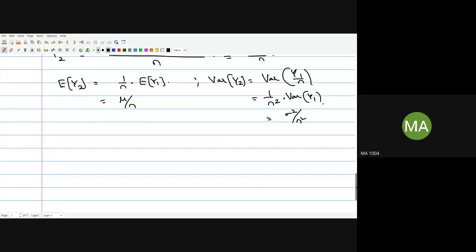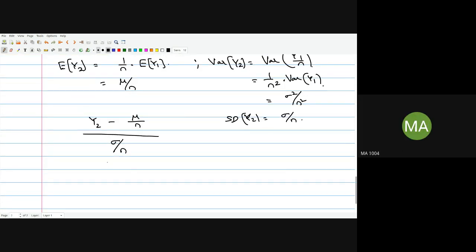If I compute the standard deviation of y2, it will be sigma by root n. So now root n times y2 minus mu, divided by sigma, will follow normal 0, 1.